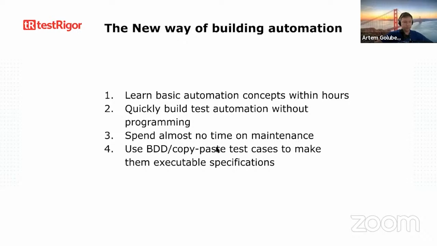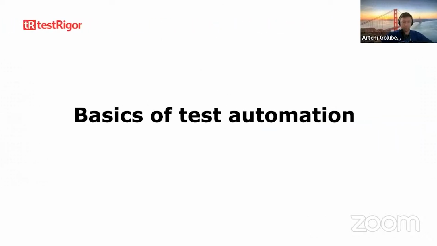And because in testRigor's case it's in English, it will be very easy to collaborate with product managers and business analysts to make sure that whatever you're building as a test is exactly what we have expected, because sometimes there could be miscommunication here and there, and this is what will allow you to avoid that.